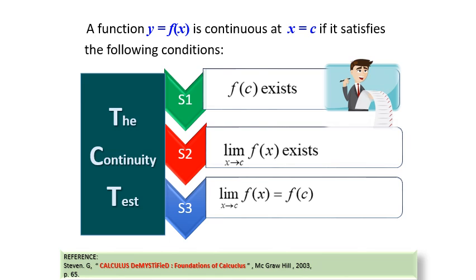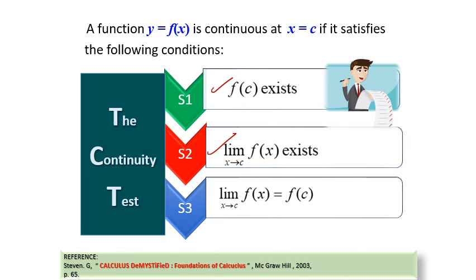Right, next, the continuity test. From the previous graphs that we see, we can conclude that there are three conditions that we need to satisfy in order to determine the function is continuous at a certain point. The first is the function must be defined or exist at that point.